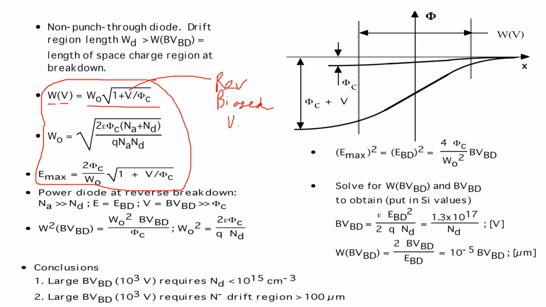So we can see here, if we reverse bias this voltage and we increase this voltage, then the width of the depletion region increases. Now this W naught is given by this expression, where Na is the concentration of acceptor atoms in the p-type region, and Nd is the concentration of donor atoms in the n-type region.